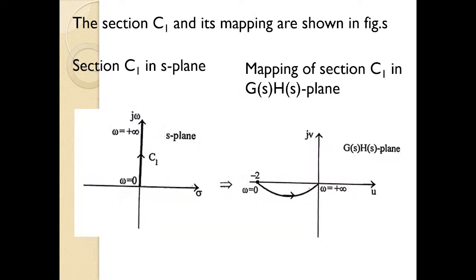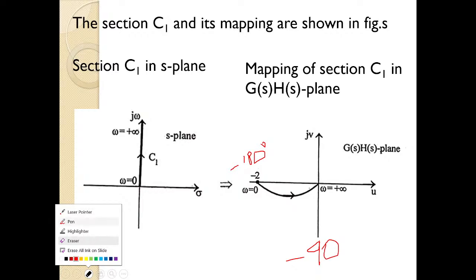Okay, so let us go to our plot. This is our minus 180 degree axis, and this is our minus 90 degree axis. Our plot will start at minus 180 with magnitude 2, and at minus 90 it is 0.